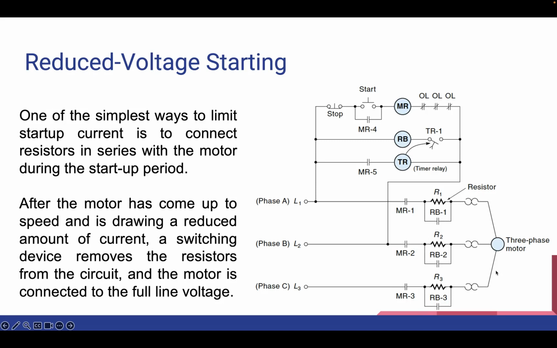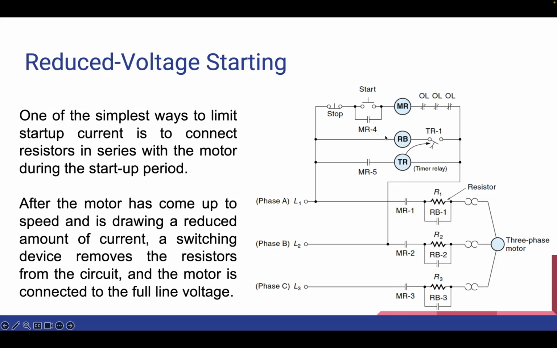Another MR contact, MR4 and MR5, powers the coil of a timer relay, which delays its contacts from closing until the motor is near the operating speed.